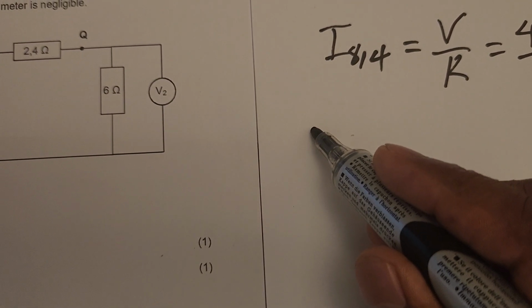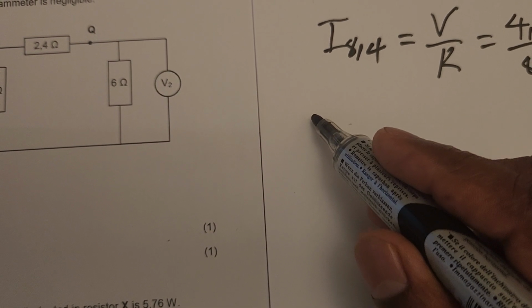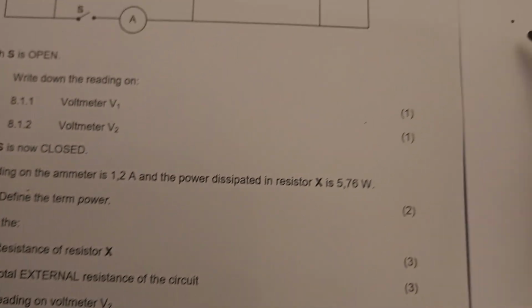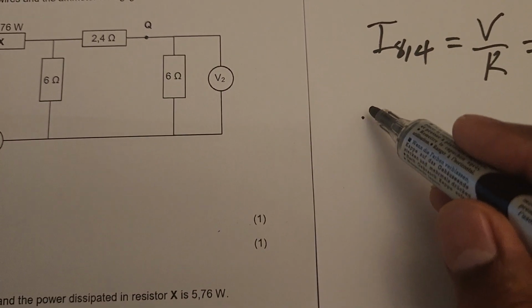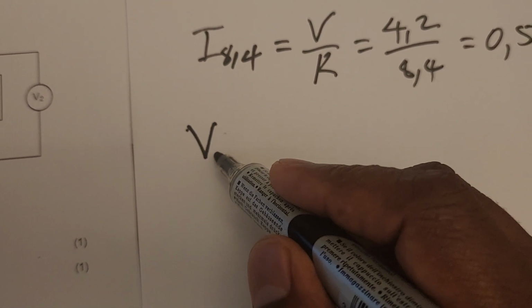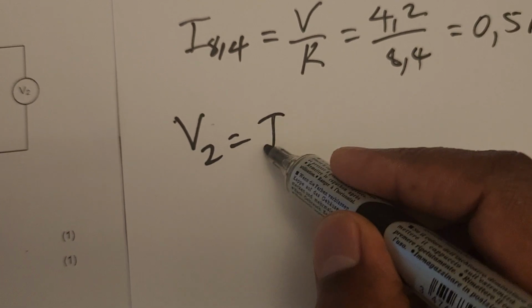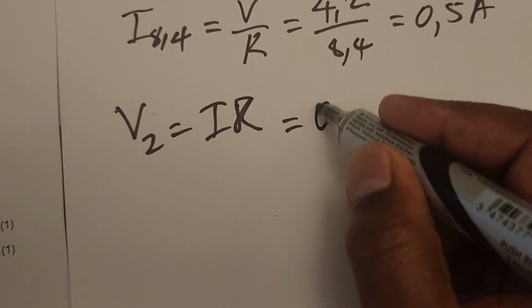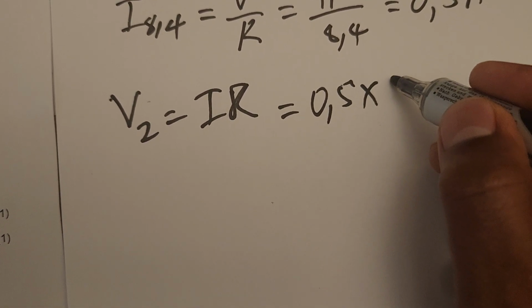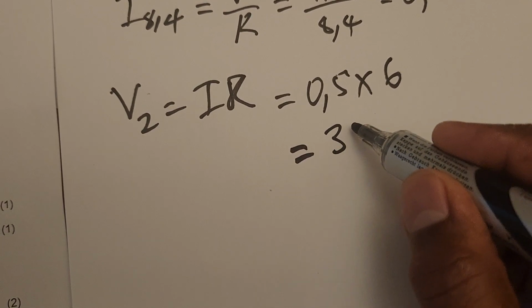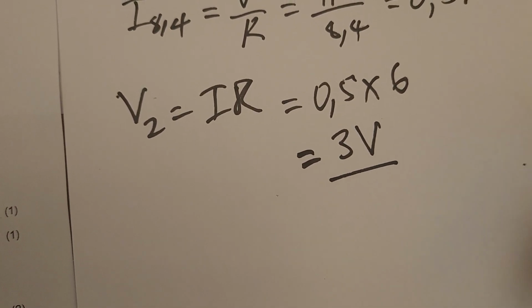Now we can calculate the reading on V2. So we've got R and current, therefore V2 will be IR. The current is 0.5, resistance is 6. Therefore the reading on V2 will be 3 volts. That's all.